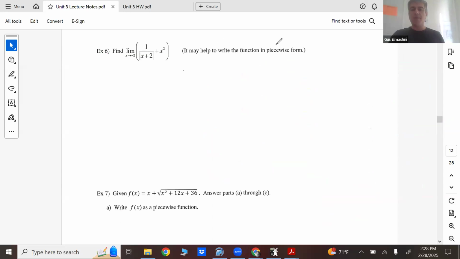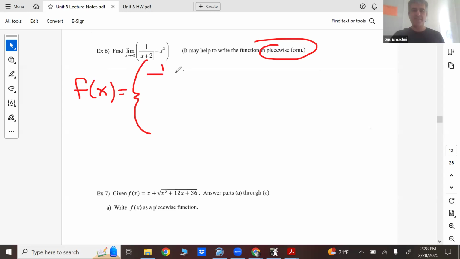All right, so let's write this as a piecewise function. Guys, quiet, please. Thank you. All right. So to write as a piecewise function, I'm going to do this. f of x is going to equal. That's terrible braces. Let's see if I can do. Sorry about that.